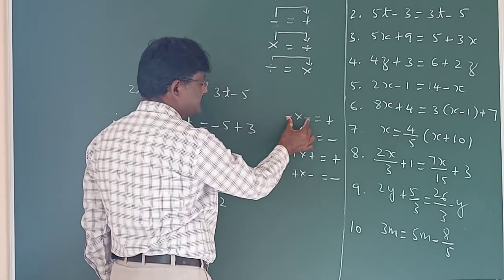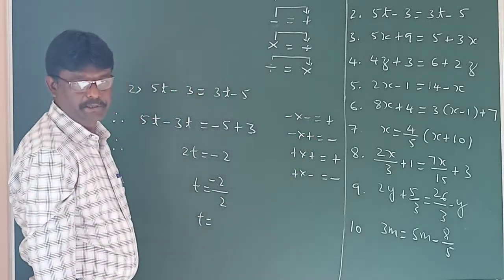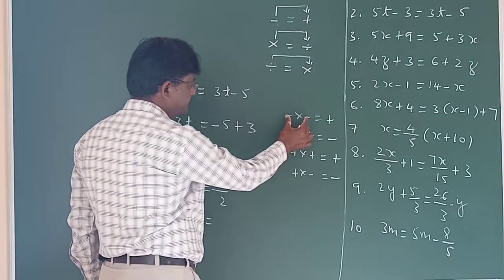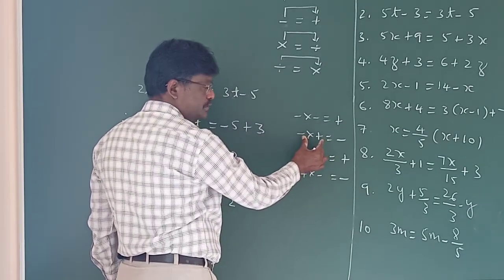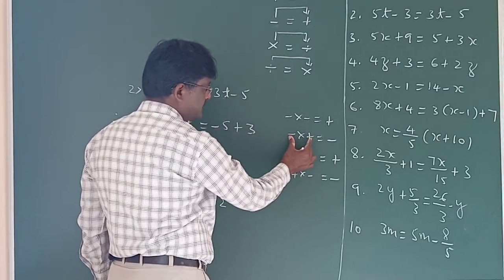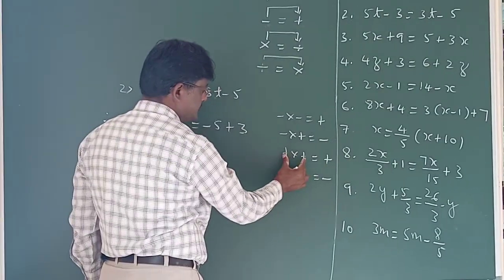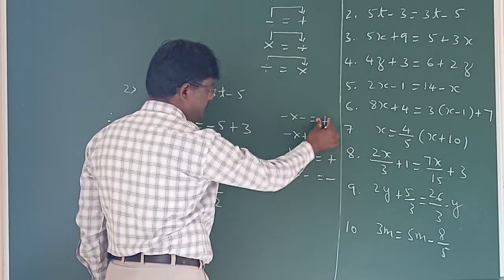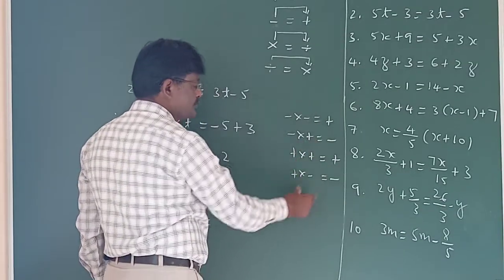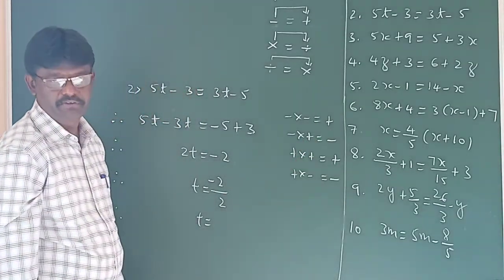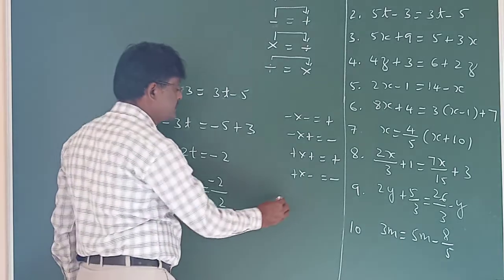When signs are same, in case of multiplication, product is positive. Complete detail already given you in first chapter. When the signs are different, the product is minus. Signs are same, product is positive. Plus, different, minus. The same holds good even for division also children.